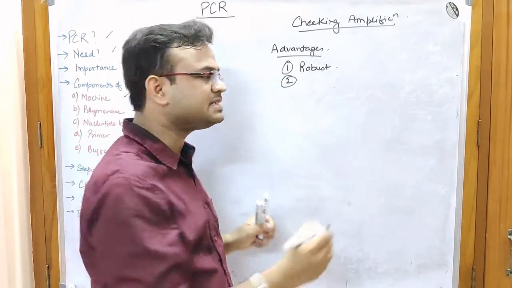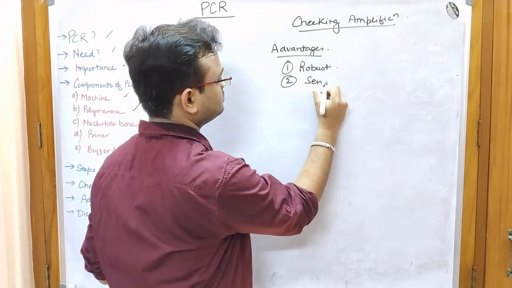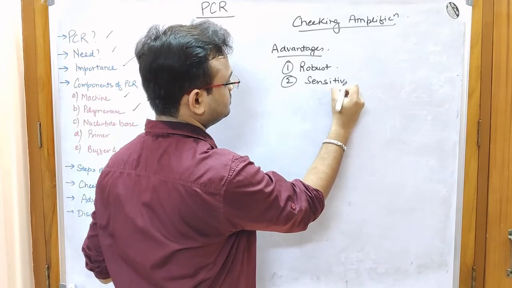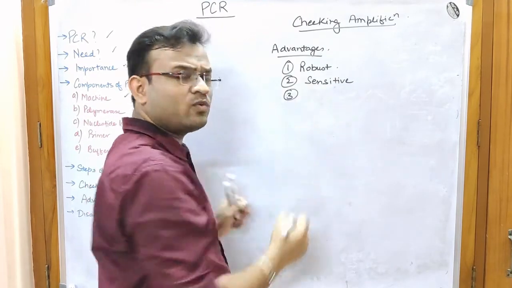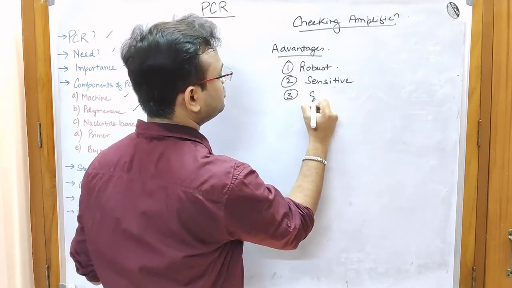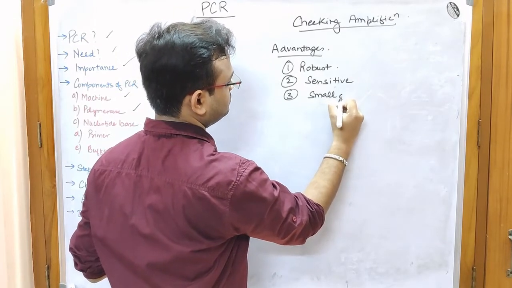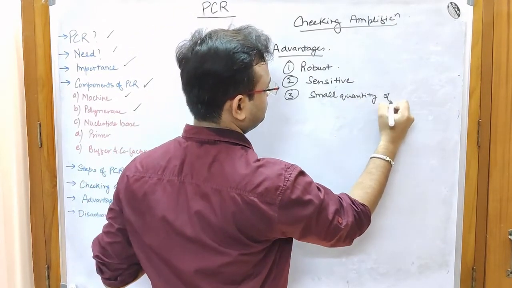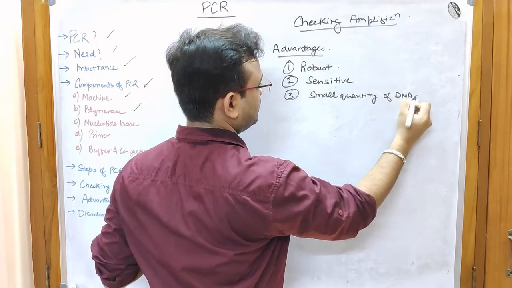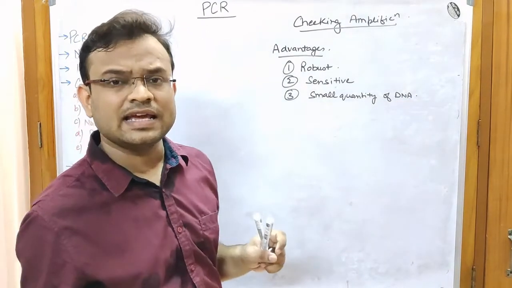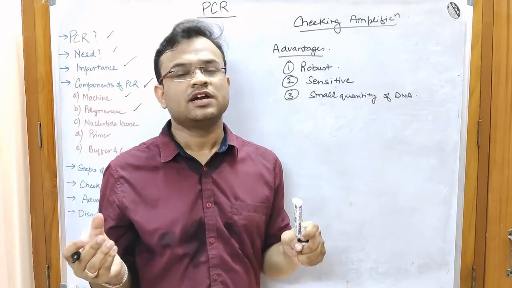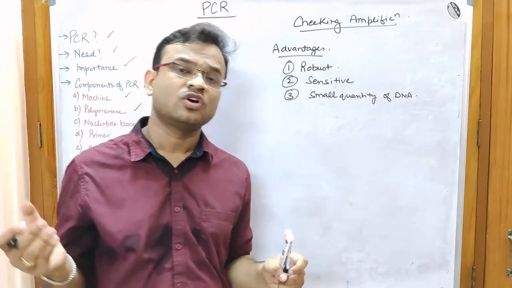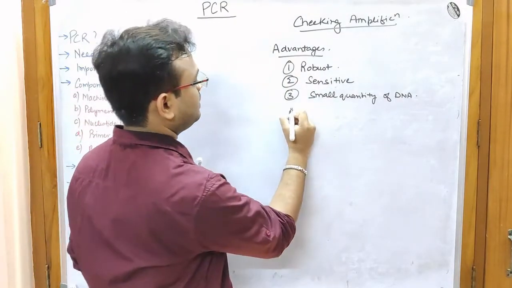It is highly sensitive. It can work with small quantities of DNA also. And it can also work if the DNA is not proper or has been degraded to some extent.